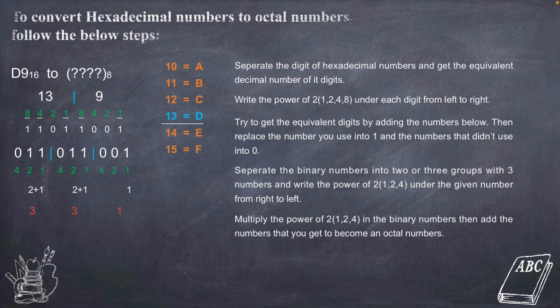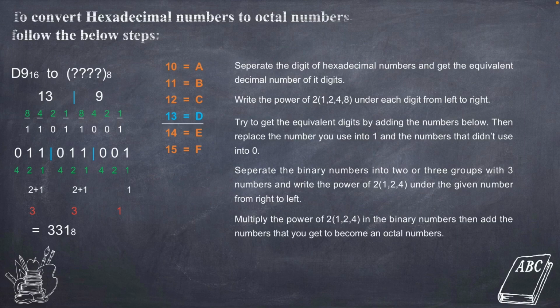Then, 1 lang yung isa, kaya 1. Tapos, yung 3, 3, 1 na yan, ay magiging octal number na 331 base 8, which is ilalagay natin sa taas. Kaya, D9 base 16, kapag kinonvert natin siya sa octal number, ay magiging 331 base 8.